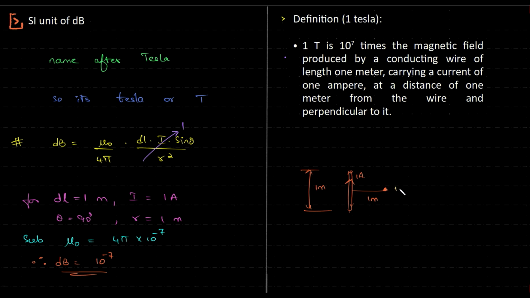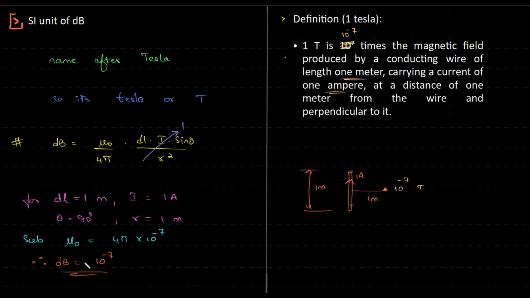This will experience a field of 10 to the power of minus 7 Tesla. As simple as that. And so we can tell that 10 to the power of minus 7 Tesla is the magnetic field produced by a conducting wire of length 1 meter carrying a current of 1 ampere at a distance of 1 meter from the wire and perpendicular to it. With all of these conditions, it is 10 to the power of minus 7.